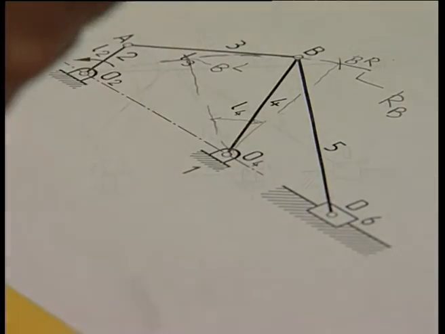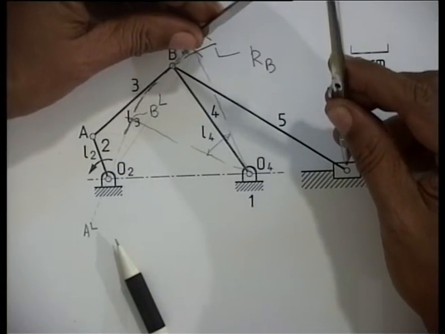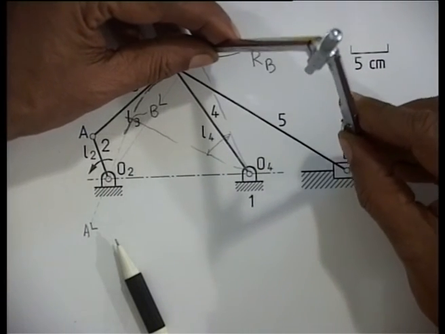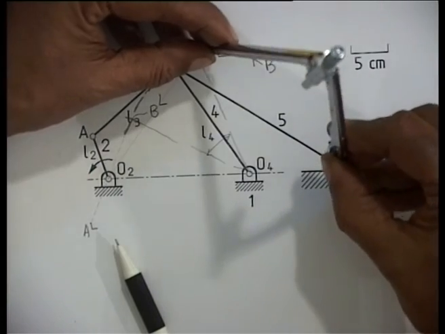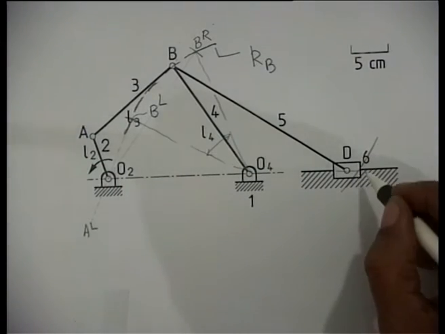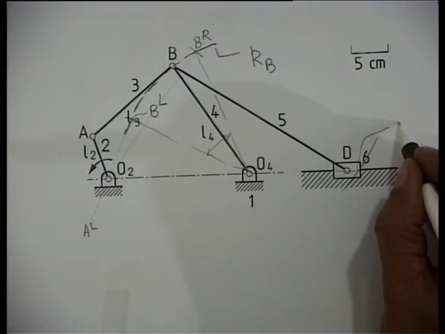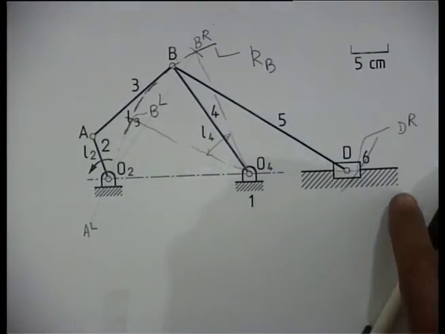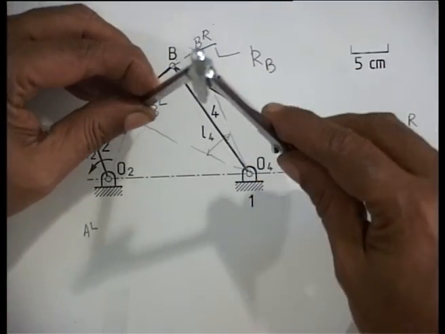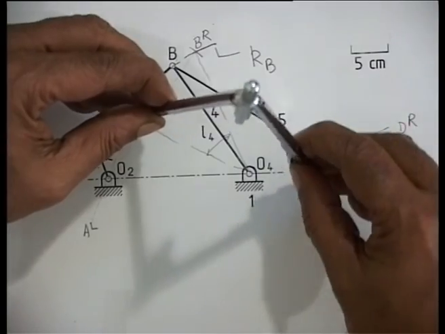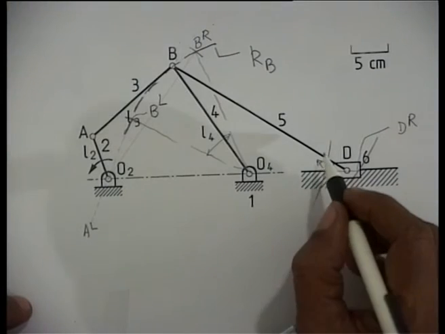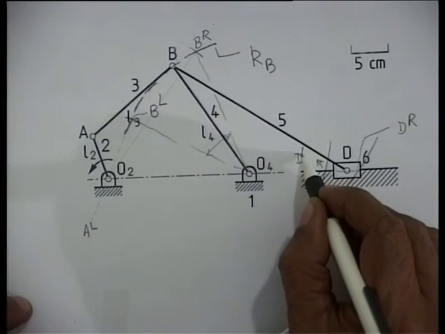So, from this BR, if I mark this is BD, from BR I mark this circle, and wherever it intersects the horizontal line through D, that determines the extreme position of D, I call it DR. Similarly, from BL, again taking the same length BD, I draw a circular arc, and wherever it intersects this horizontal line through D, that determines the extreme left position of D, that is DL.